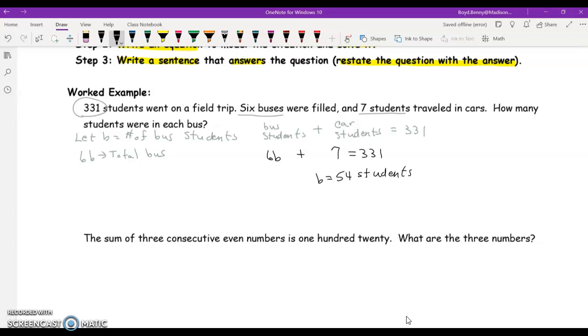And so then we would write a sentence that says there are 54 students on each bus.